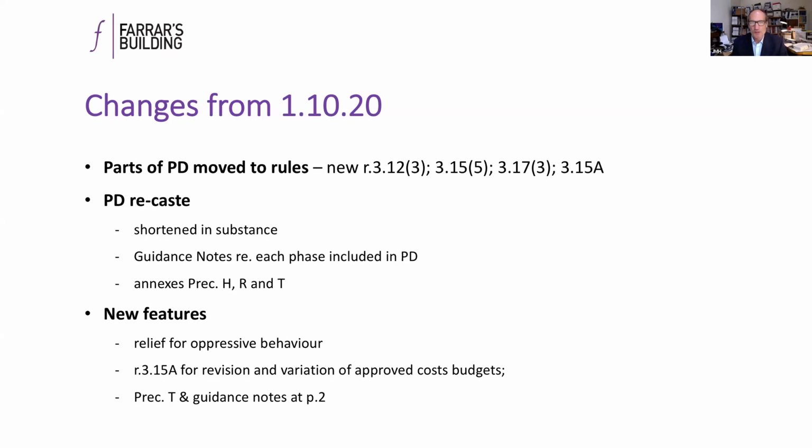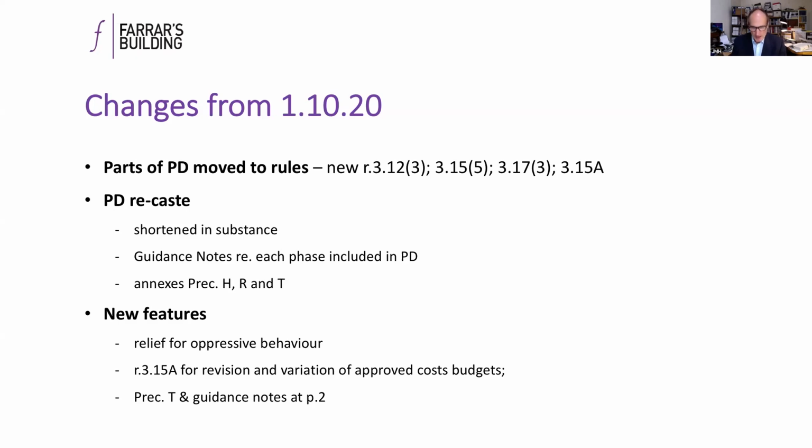So what you'll see when you look at the new rules is new rule 3.12.3, new rule 3.15.5, new rule 3.17.3, new rule 3.15A, and a number of other rules besides.